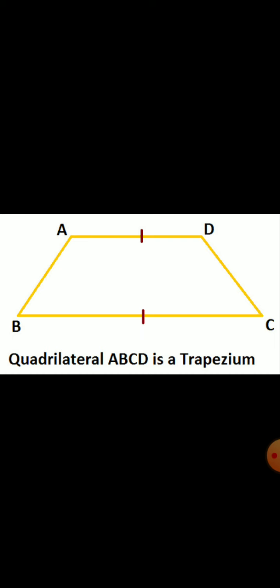So this is the property of a trapezium which you need to remember. What is it? One pair of opposite sides are parallel to each other. So here quadrilateral ABCD is a trapezium.